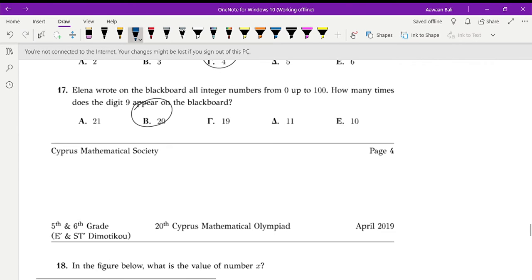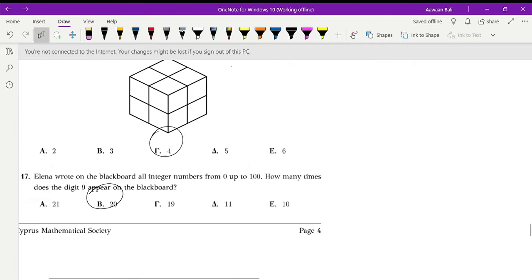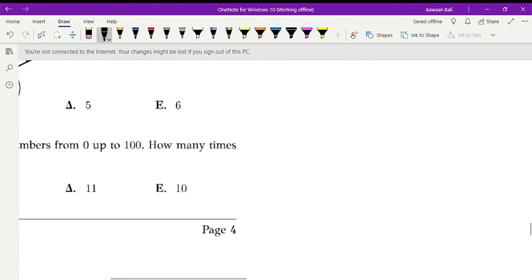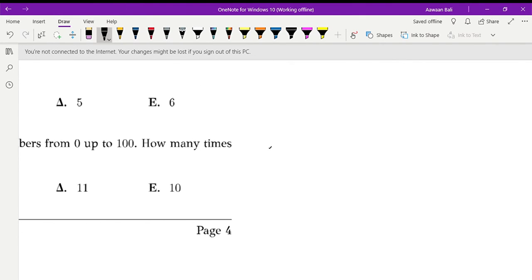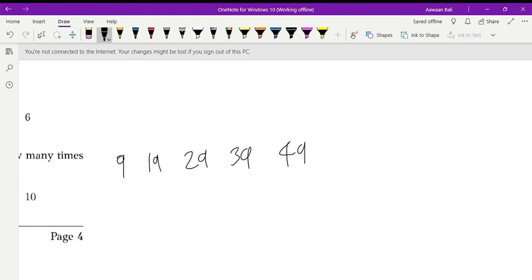Now, Elena wrote on the blackboard all integer numbers from 0 to 100. How many times does the digit 9 appear on the blackboard? For me, normally in these types of questions, I just write them all down because it's easy. So, okay, let's say here 9, 19, 29, 39, then we have 49, 59, 69, 79, 89.